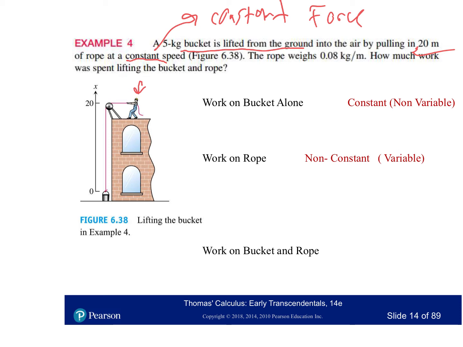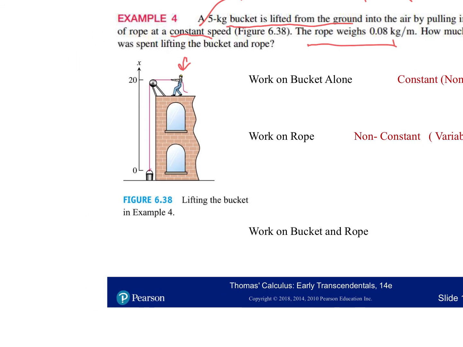Okay? The rope weighs only 0.08 kilograms per meter. Remember, there's 20 meters. And also remember that the more rope, when that bucket is here, that's less meters. So the force is less from the weight.